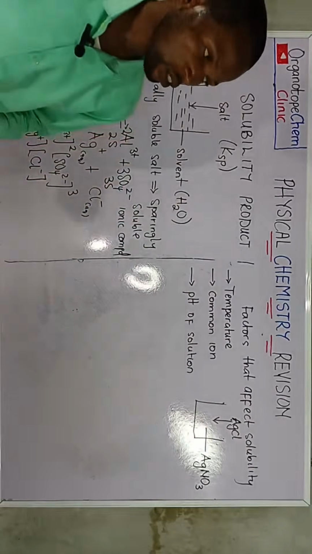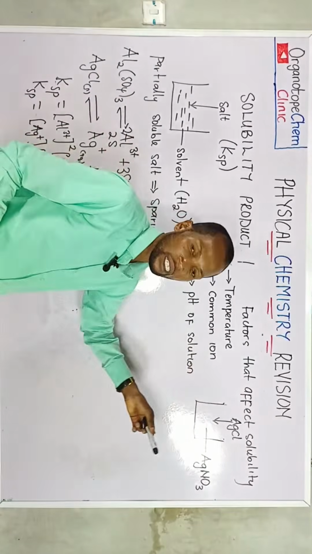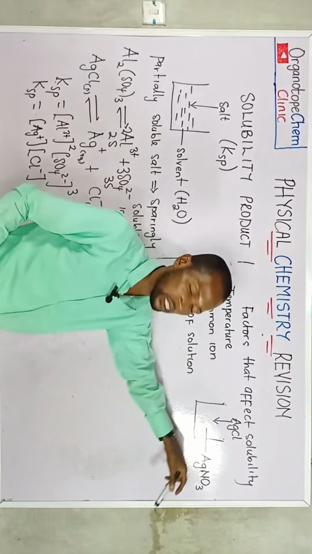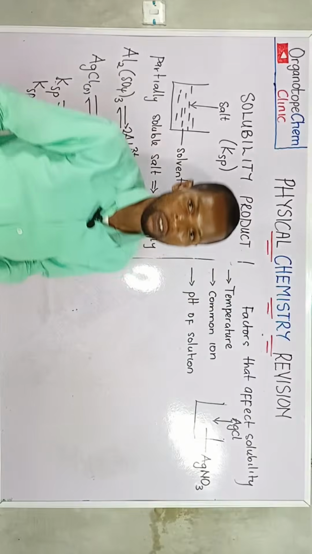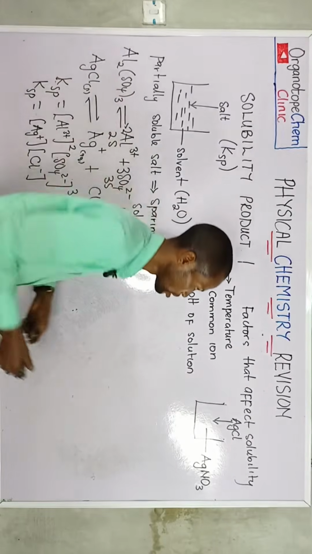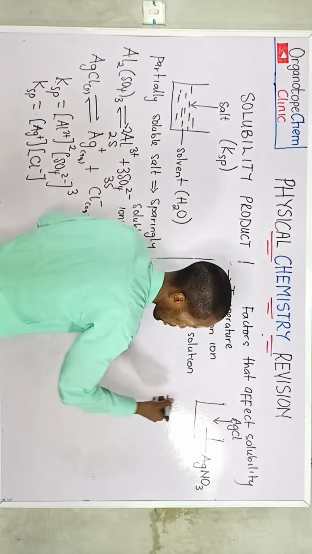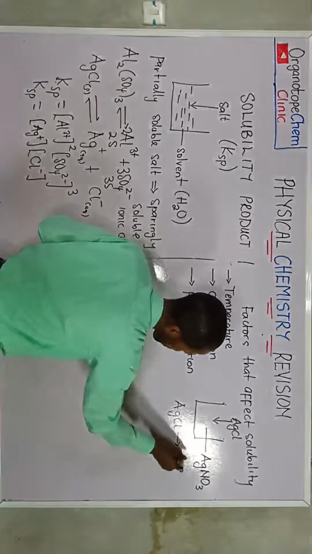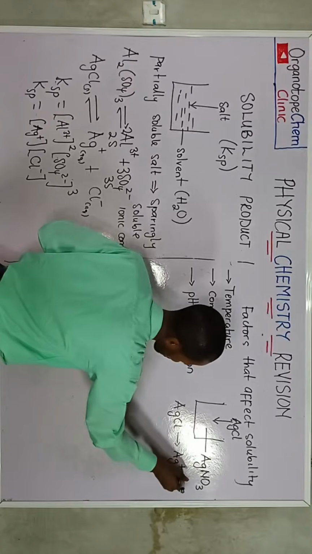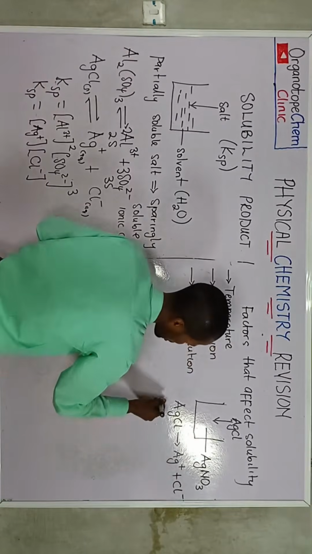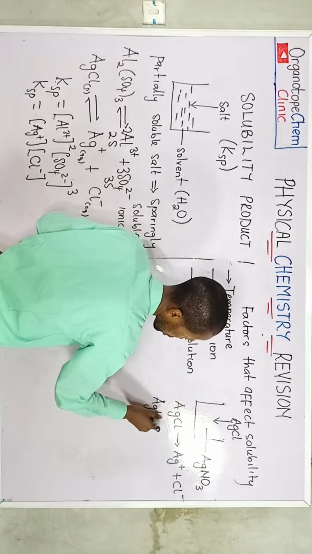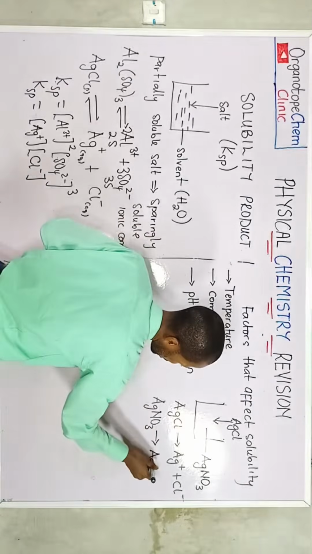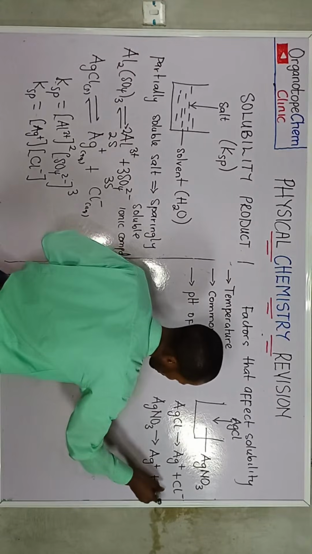You understand? Now, there is a common ion there. We have AgCl, which will give Ag+ and Cl-. Then, when we have dissociation of silver nitrate, it will give us Ag+ and NO3-.